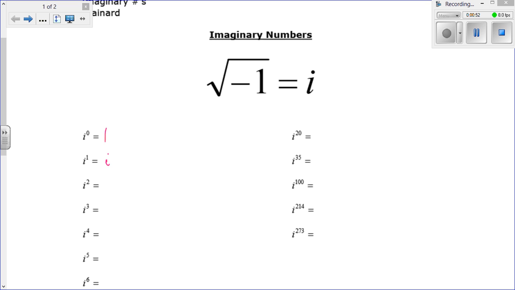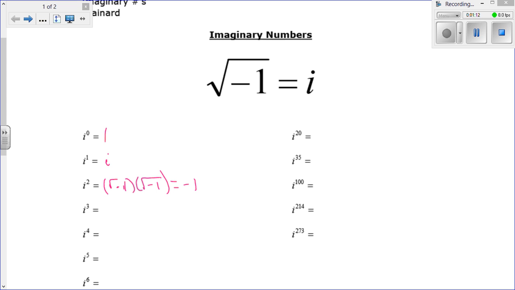Then I have i squared, which is just like saying the square root of -1 times the square root of -1, which would just be -1.